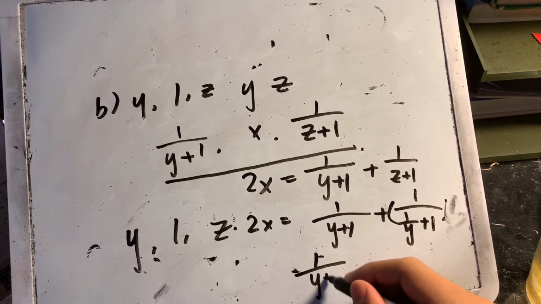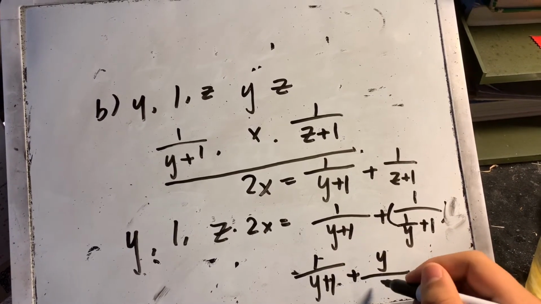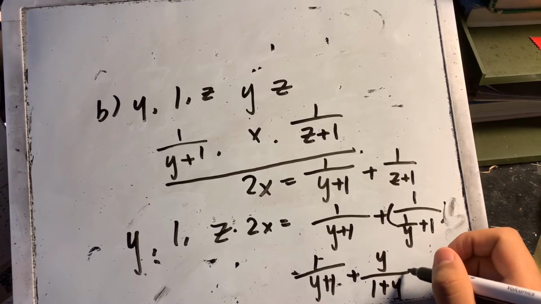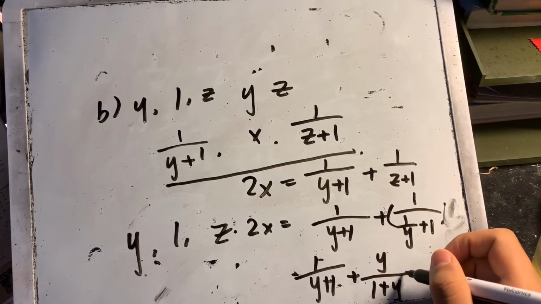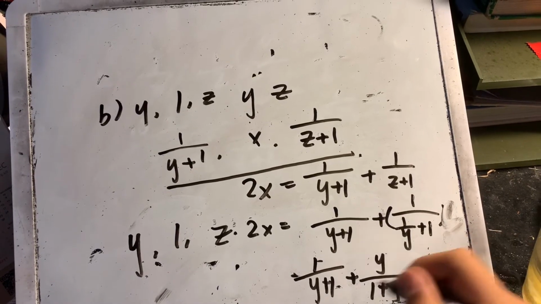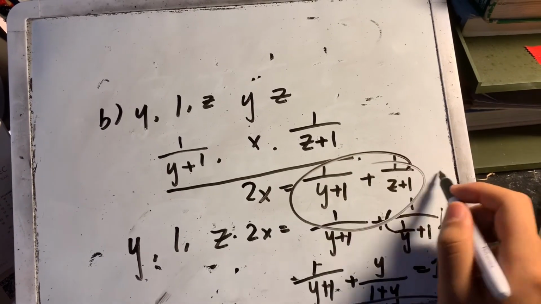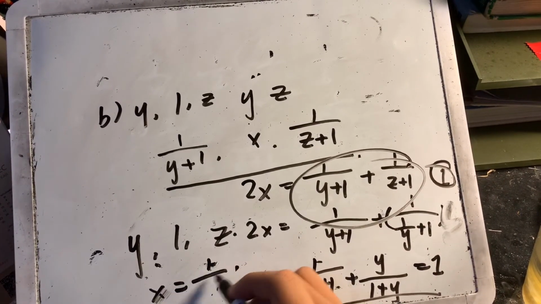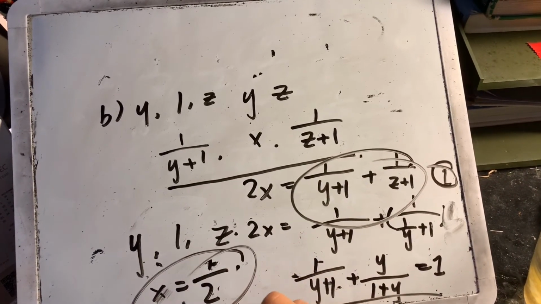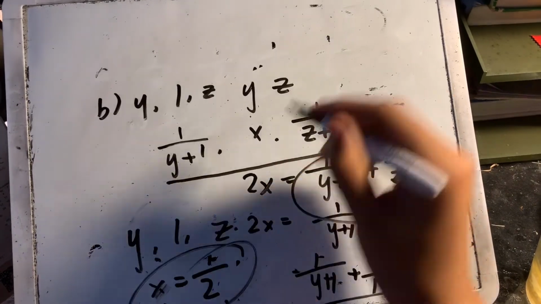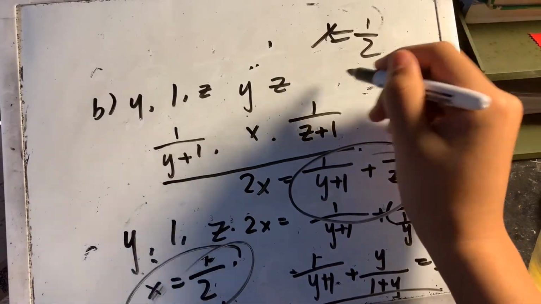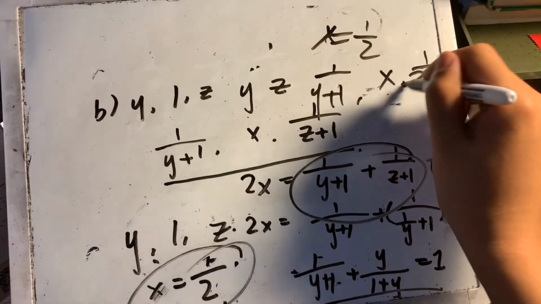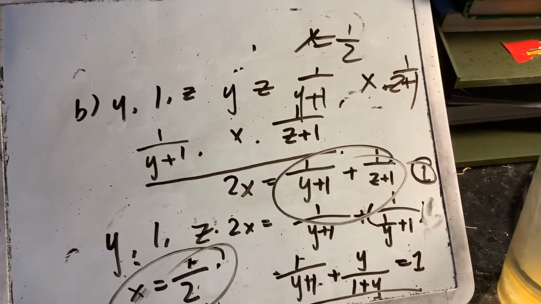So it should look like this. So we can get that this equation is equivalent to 1. So therefore, we can conclude that this is equal to 1 divided by 2. So this means we can conclude that x is 1 divided by 2, because this forms an arithmetic sequence.